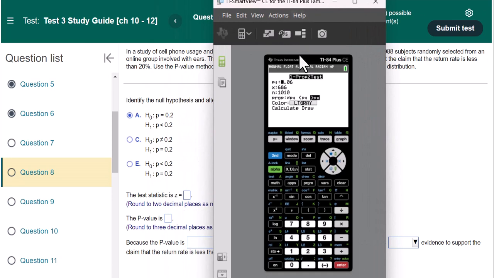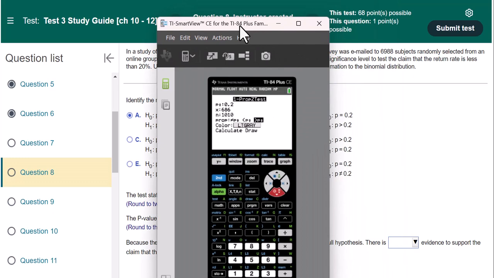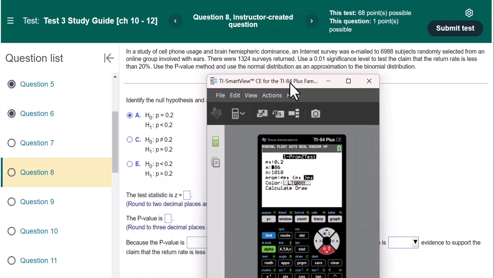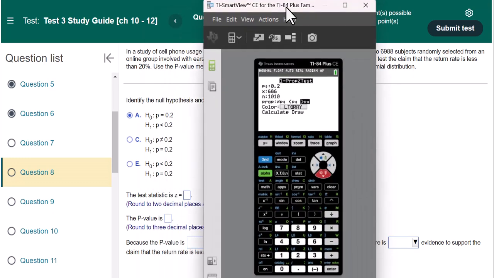It's 0.2, so just enter 0.2. And then you go to X, how many successes are there? Out of the sample of 6,988, 1324 returned the survey, so X is 1324. And N will be 6,988.